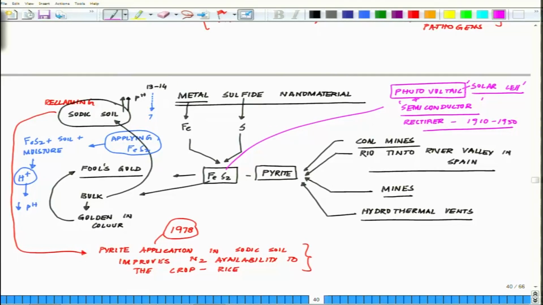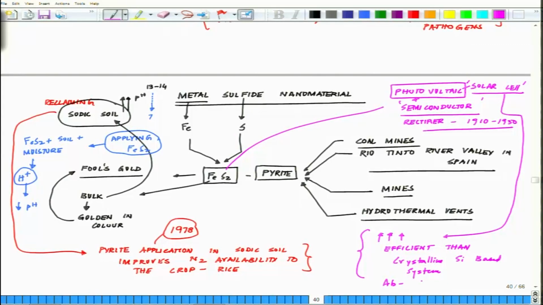Pyrite is a fairly old molecule through the ages, and as a matter of fact, it is being claimed that if pyrite could be used as a solar cell material, it will be far more efficient than crystalline silicon based systems, because it has a tendency to absorb in the far red region.